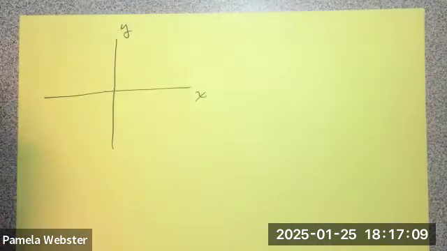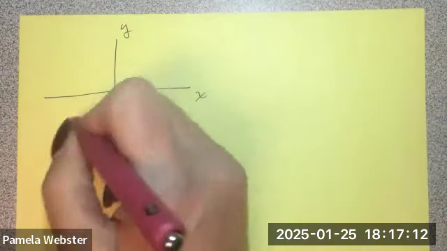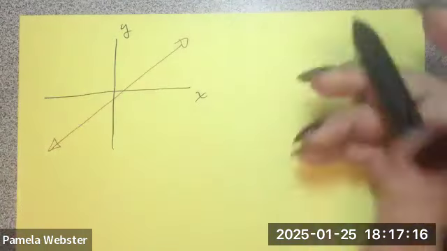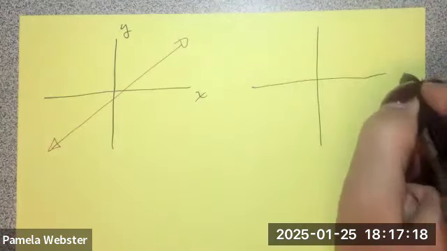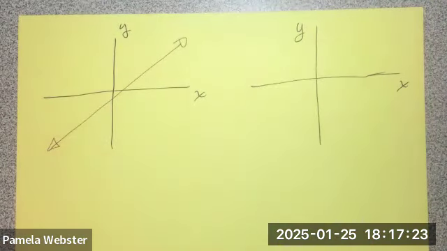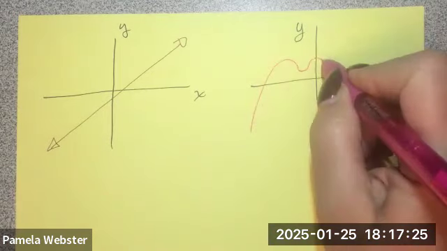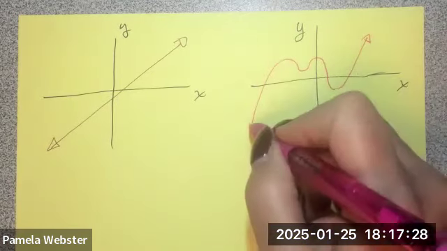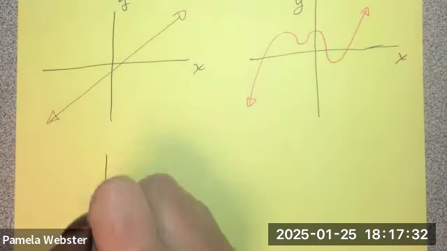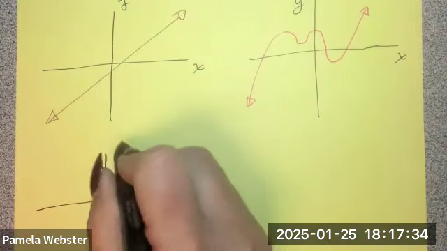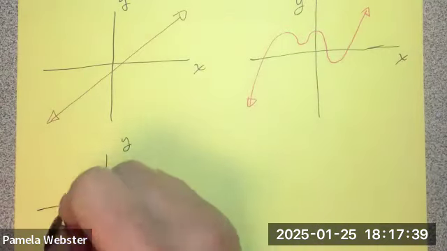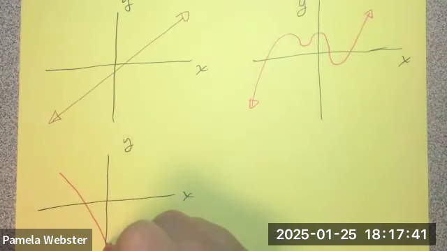Okay, so here we go. I'm just going to draw them and you decide what you think. X and Y. This guy looks like this. We'll come back and talk about them in a second. X and Y. This guy looks like this. X and Y. This one looks like this.